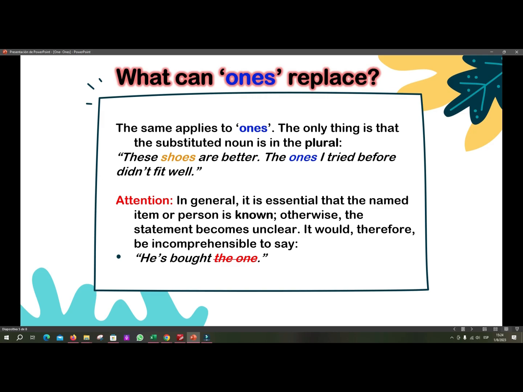And in the second sentence, you can replace the noun that you mentioned before, and write, in this case, the pronouns. But you have to be careful with this, right? You cannot write just one sentence and use one or ones, but you don't have previous information about a noun or about an object, animal or something, right? So be careful with these guys, okay?